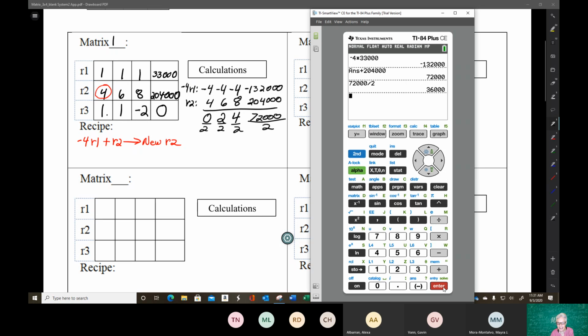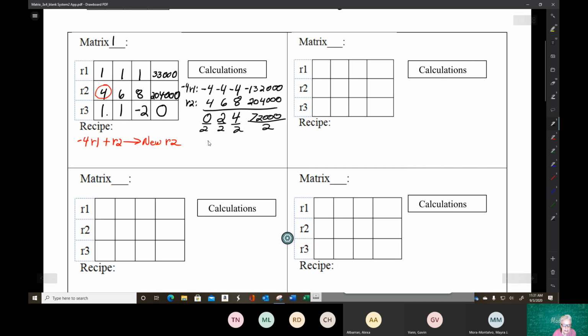Enter. Yeah! So we'll have 0, 1, 2, 36,000. Oh, and that's my new row 2. Nowhere near as bad as it was before.